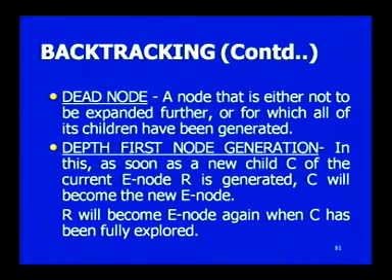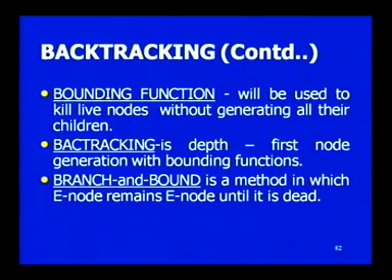So, what I am going to do now is use a DFS strategy. I will generate the children of the current E node, and the child will become the E node, and the parent will become the E node again when the child has been fully explored. This kind of logic I am going to employ for this paradigm called backtracking.